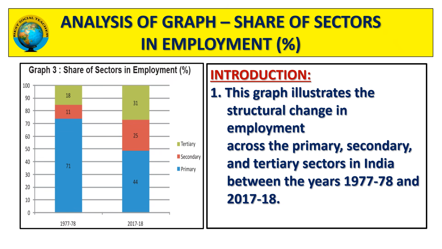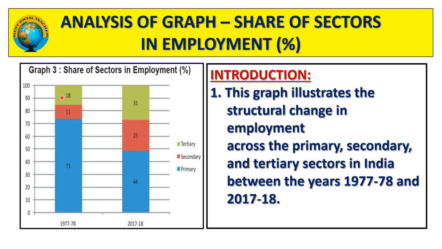For example, if you see the graph, you can see here 71% in primary sector, that reduces to 44% in 2017-18. Here 11% in secondary sector, it increases to 25% here.